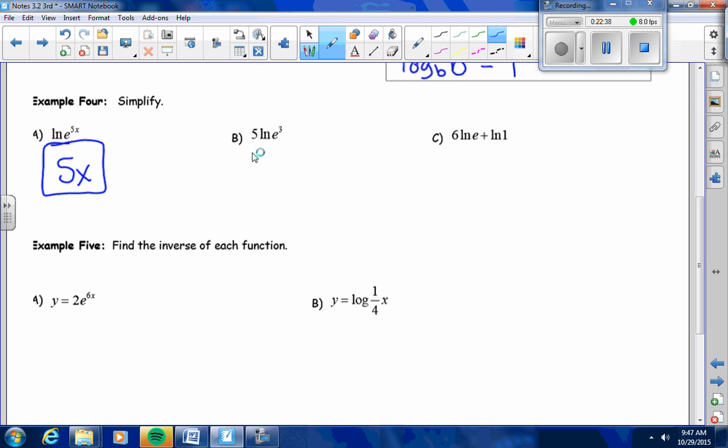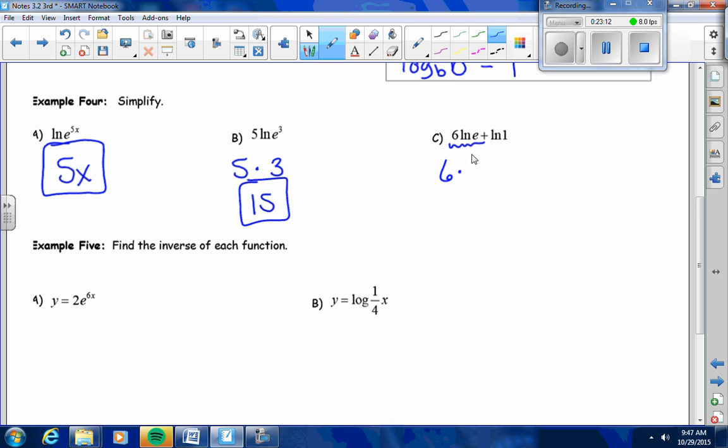Okay. The next one. 5 times the natural log of e cubed. So I have that 5 out front times, what is the natural log of e cubed? 3. 5 times 3 equals 15. Okay. Part C, I have 6 times natural log of e plus the natural log of 1. So let's start first with 6 natural log of e.